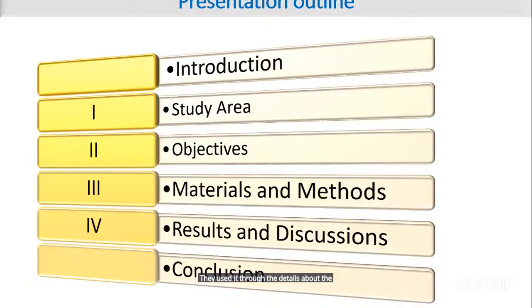The presentation outline: we start with the introduction, the study area, objectives and methodology, then results and discussion, then the conclusion. We end with some basic recommendations.